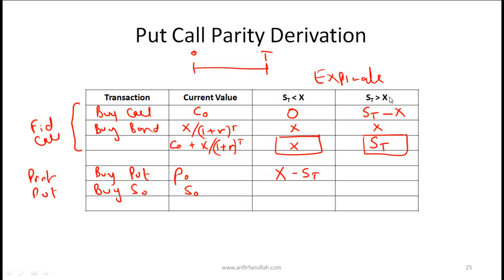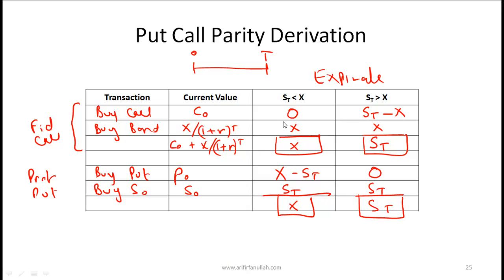Then the put option is out of the money, so its value is 0. The value of the stock at time T is just ST. So the total value of the protective put is either equal to X or it's equal to ST.